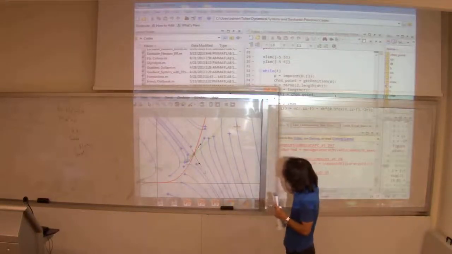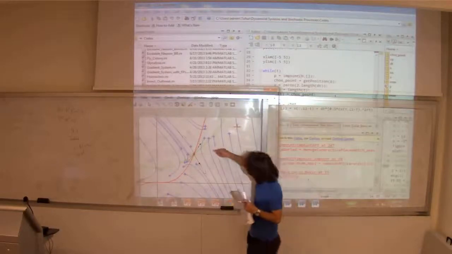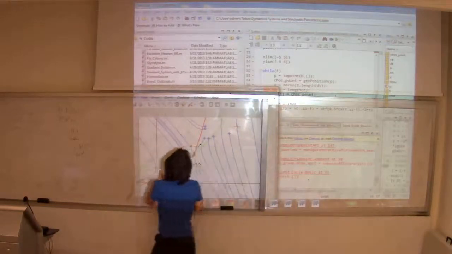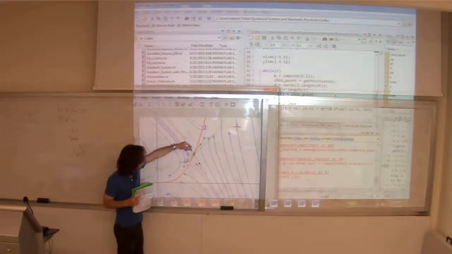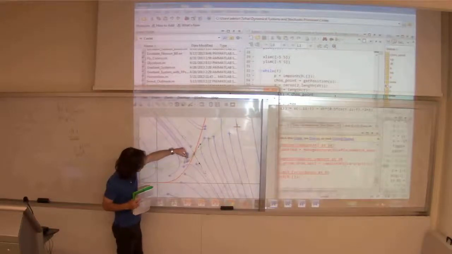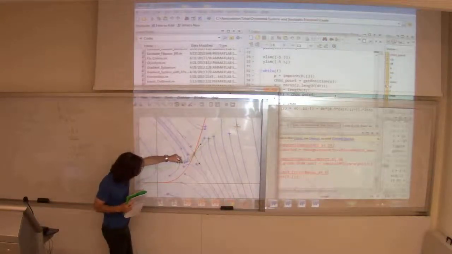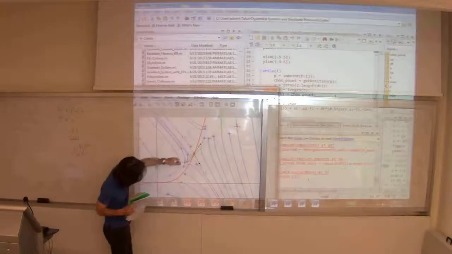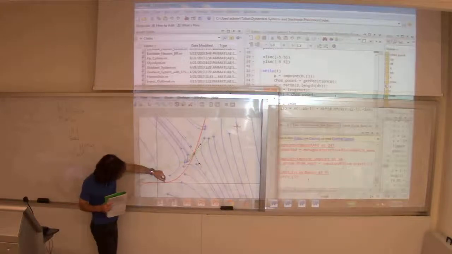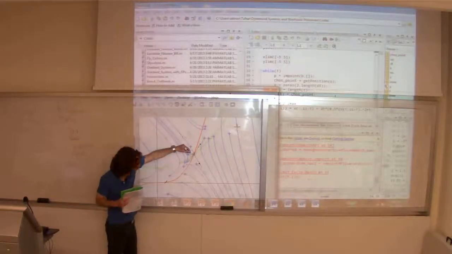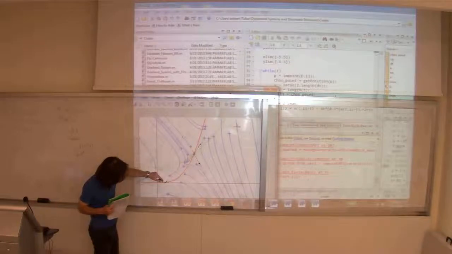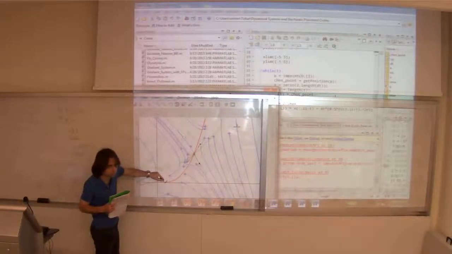And notice how the stable manifold doesn't necessarily follow this eigenvector direction. Here, it's pretty obvious that it cannot cross the null line here, right? Because it is itself a trajectory that goes into the fixed point, and a trajectory cannot cross the null line in such a way, right?